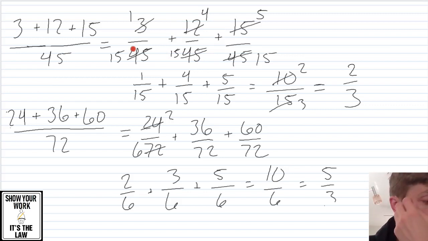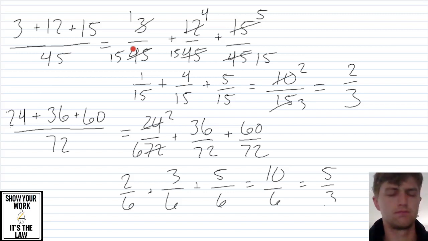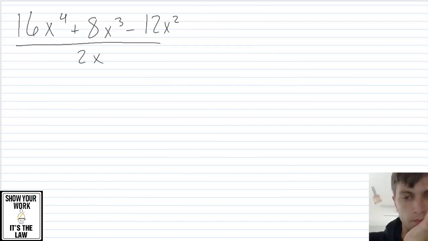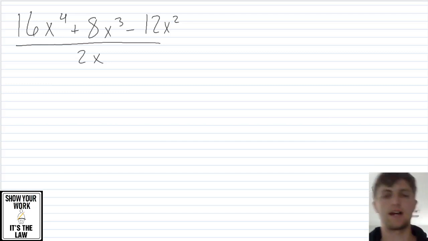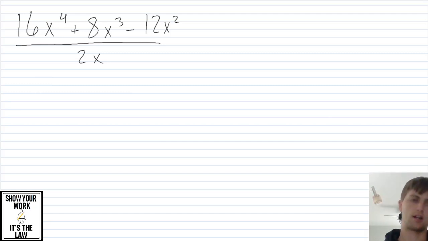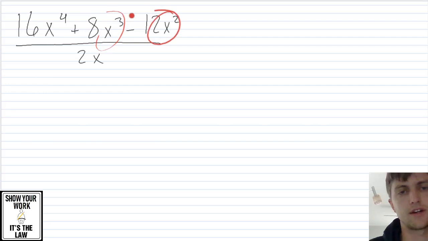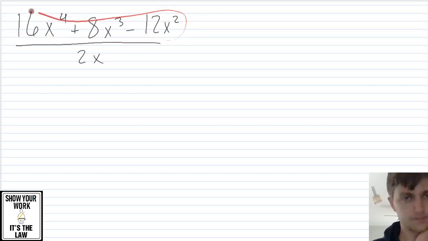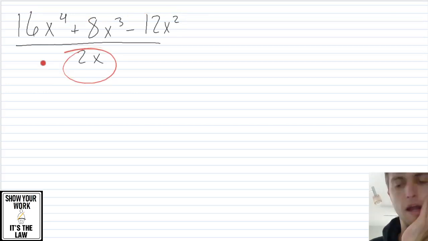Now, let's see how we do this with polynomials. Okay, so now it's time to merge our concepts together. So we're no longer dealing with just numbers, we're dealing with numbers and variables. And we have this polynomial being divided by this monomial.